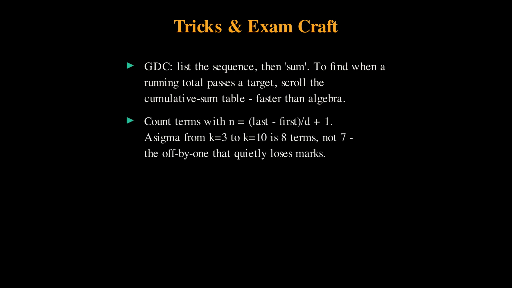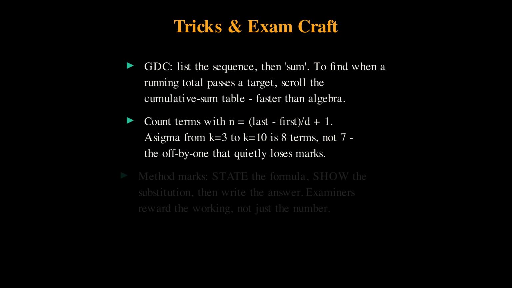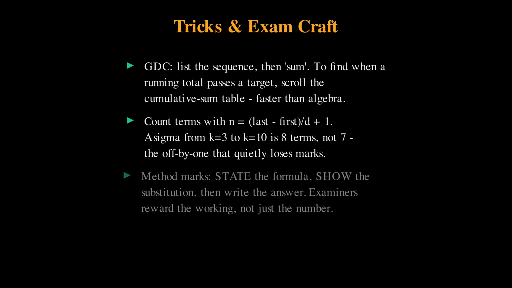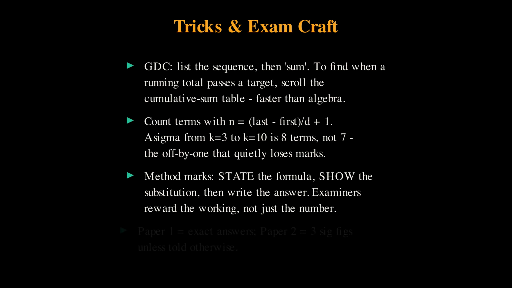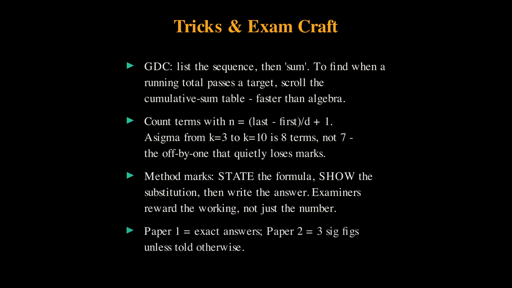A sigma from k equals 3 to 10 is 8 terms, not 7. That plus 1 catches people out constantly. Third, how marks are earned. State the formula, show your substitution. Then give the answer. Method marks live in the working. And finally, paper 1 wants exact values. Paper 2 wants 3 significant figures.